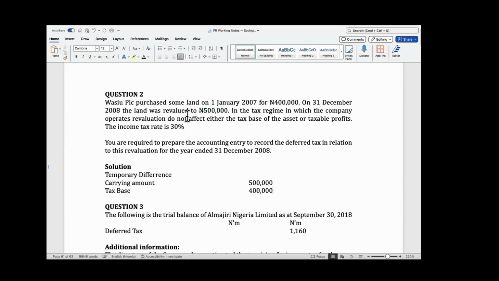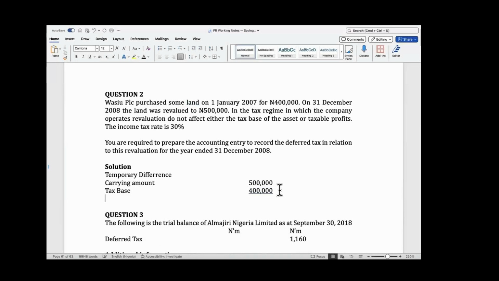In this case, they are assuming no depreciation because it is land. Land is not depreciated. So here now, we have a temporary difference. And this temporary difference now, I want to ask you again, is this a taxable temporary difference or a deductible temporary difference?